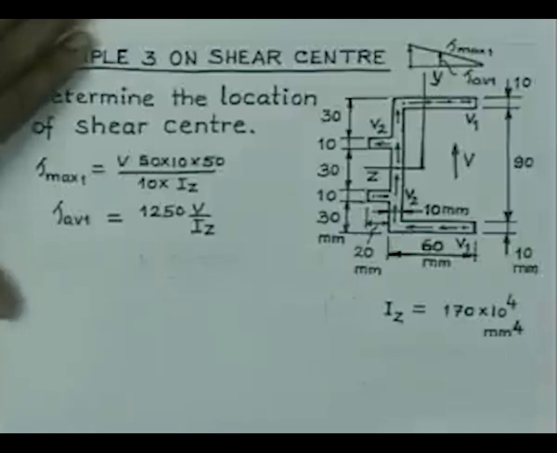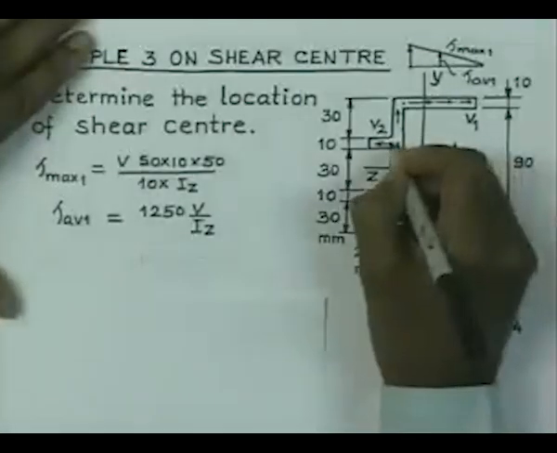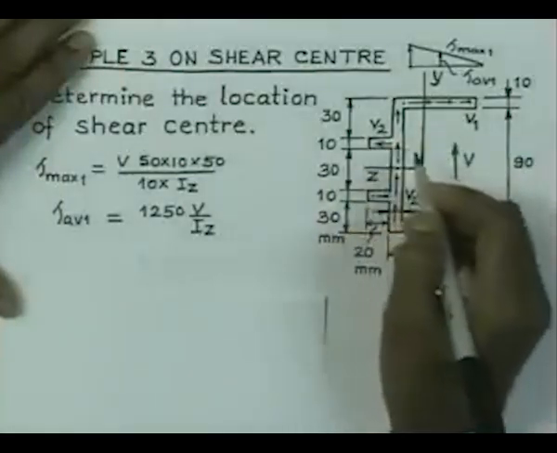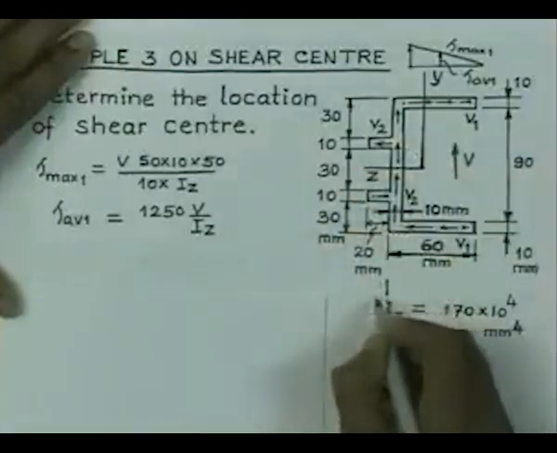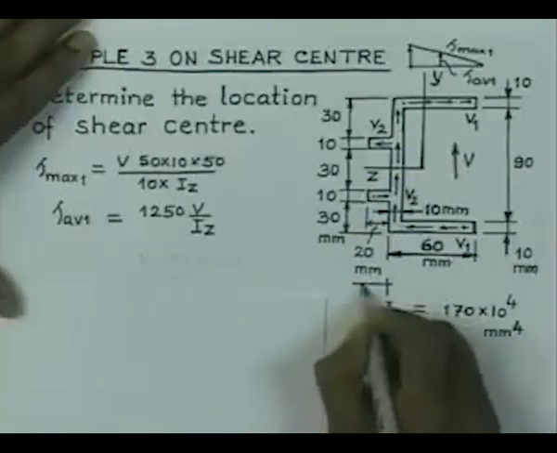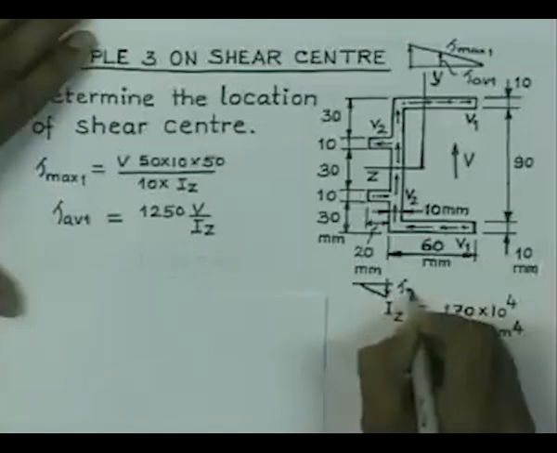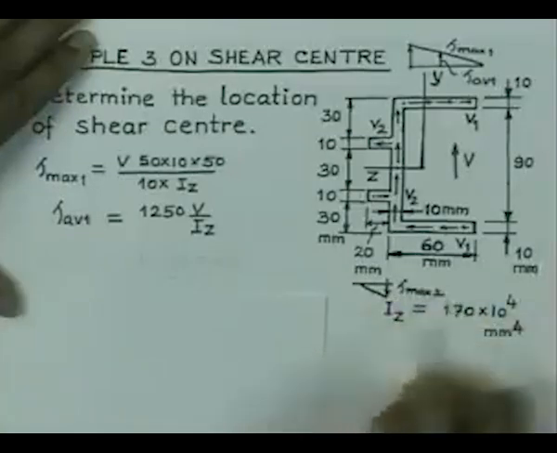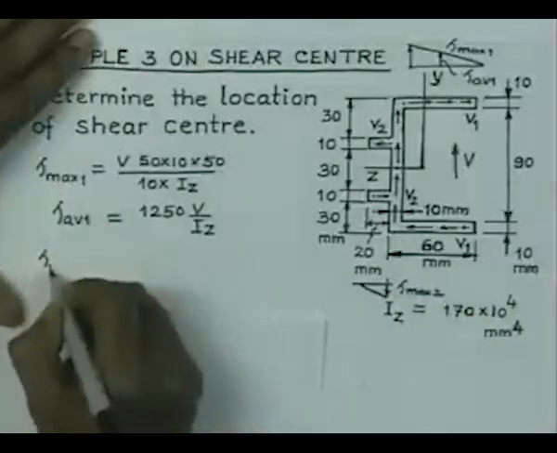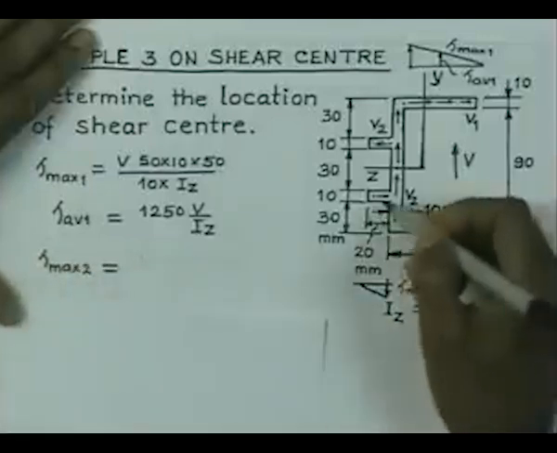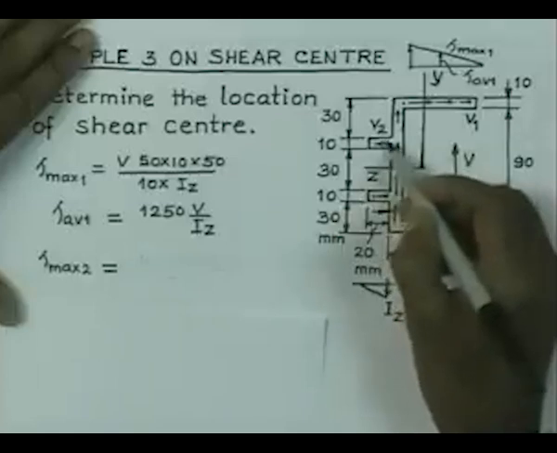Now, let us consider this one, here it is again linear. So, I will draw it here, that this variation is again linear, it is like this. This is, let us say, tau max 2. So, tau max 2 is equal to V multiplied by Q of this divided by t into I z.